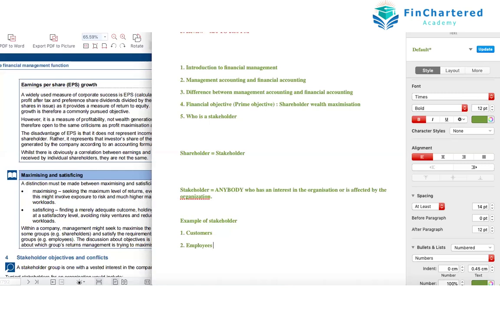Obviously, the management, directors, senior management, who are also employees, but I'm just highlighting them separately. Aisha, that's absolutely right. Yashika, very good. Obviously, also shareholders. Shareholders would also be stakeholders because as the owner, I am interested in Finchartered.